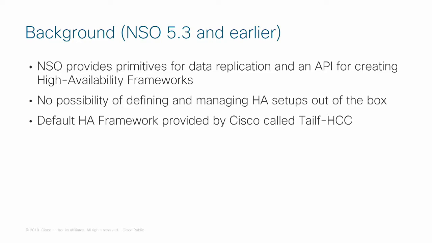But there was no actual possibility of defining the different roles in NSO to set up this is the IP address of one node where the data is replicated, and defining which roles they should have and things like that. So for that to work, it has been required to use an external high availability framework. And the one we have provided to make this work is called TAIL-F HCC.